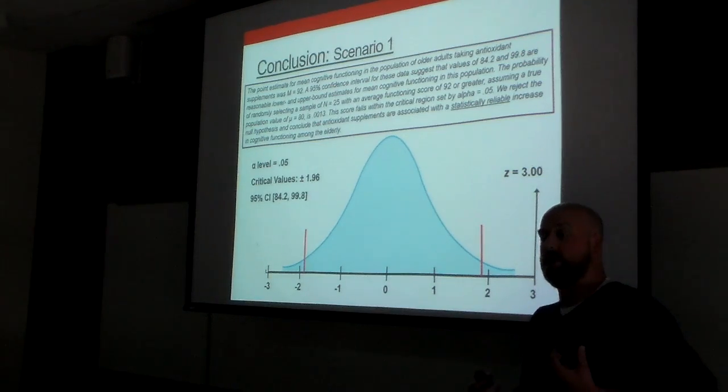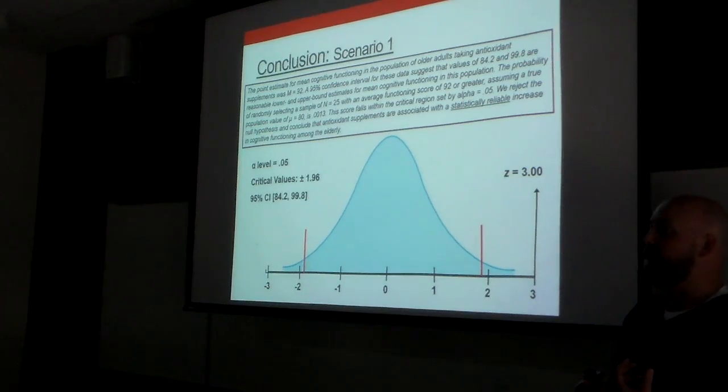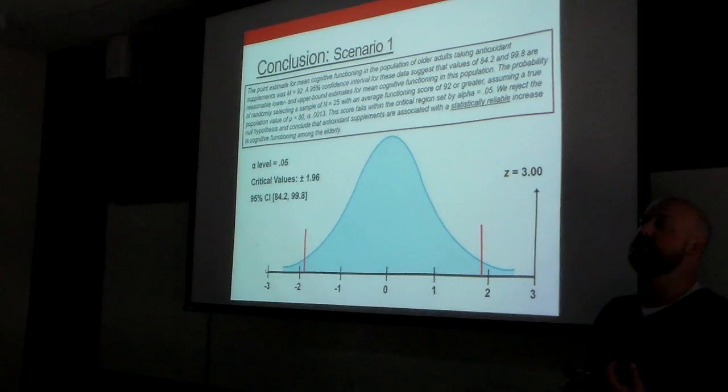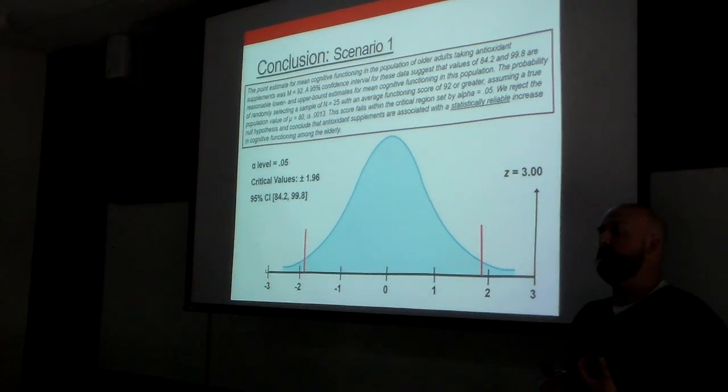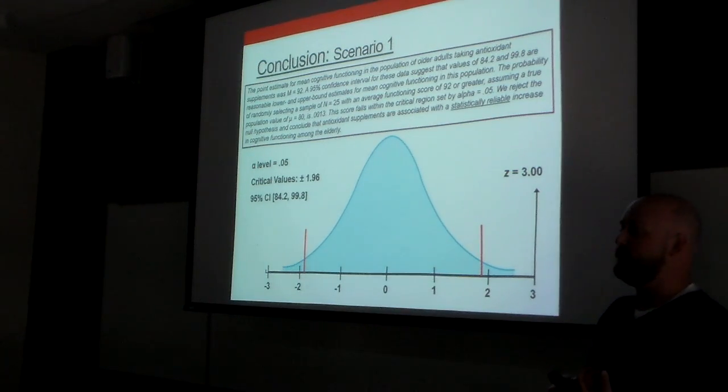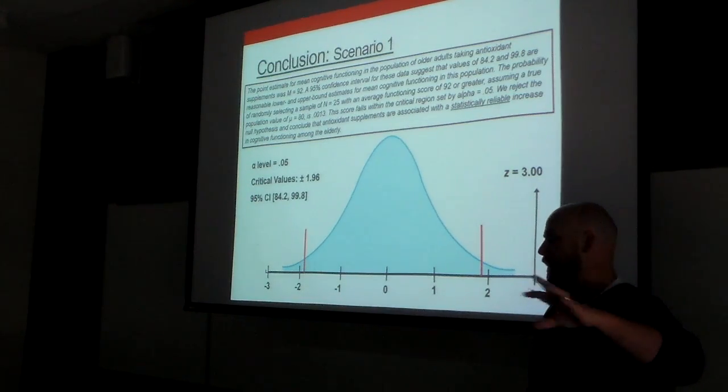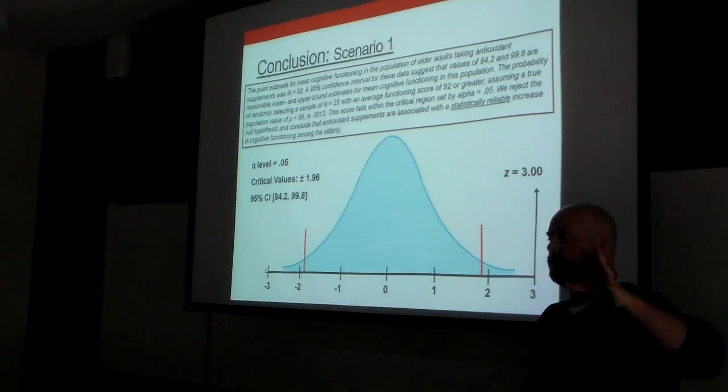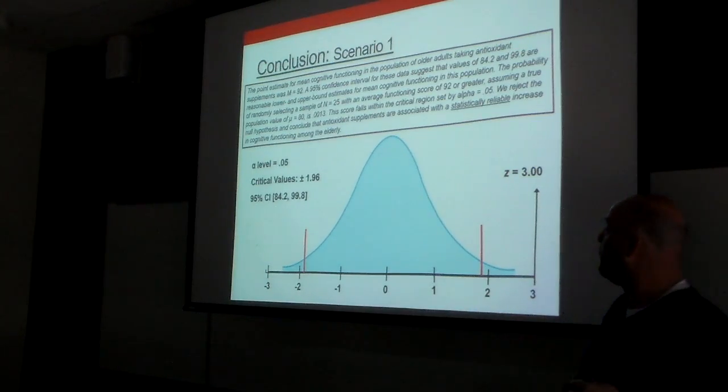We're going to reject the null hypothesis, which suggests that it's likely that these data were drawn from a population who had an average cognitive functioning score that's higher than is typical of just the older population in general. Okay, so I wanted to bring all this stuff together.